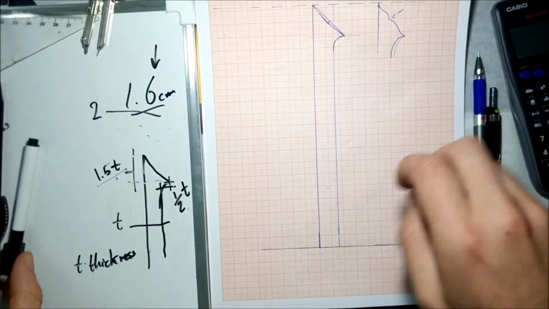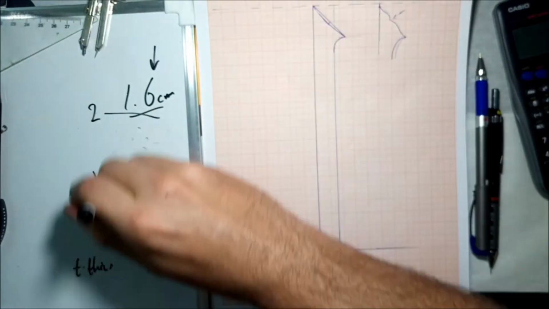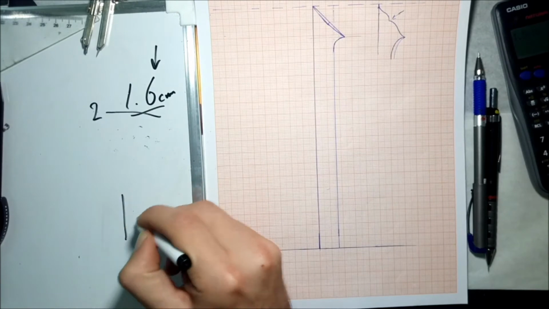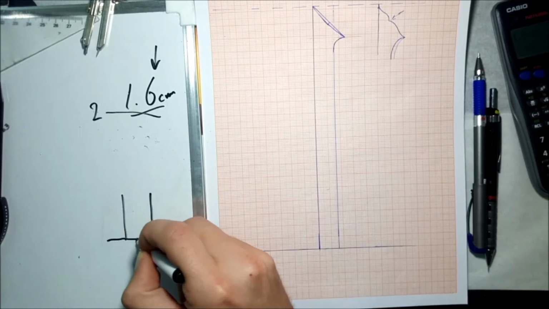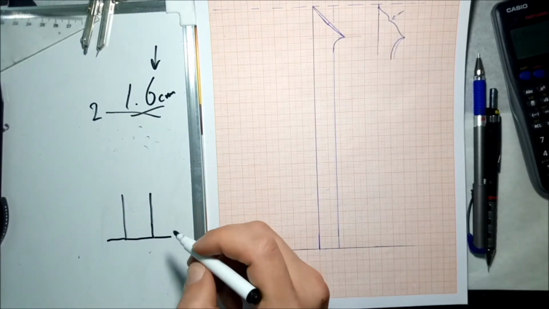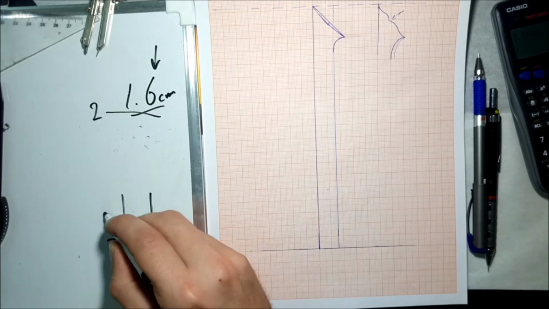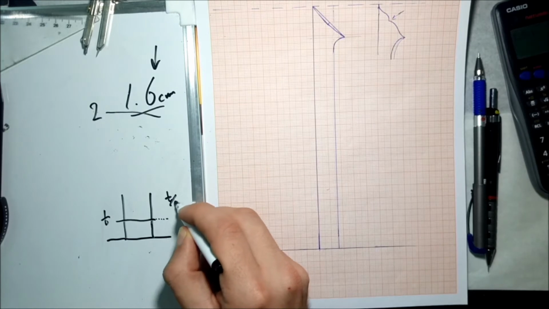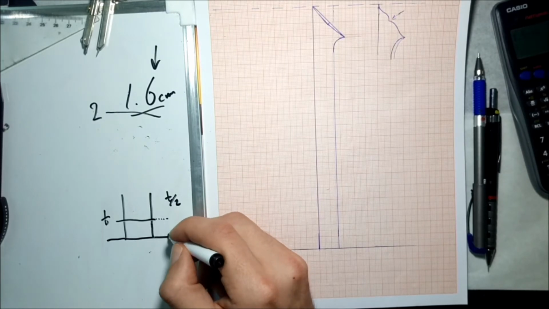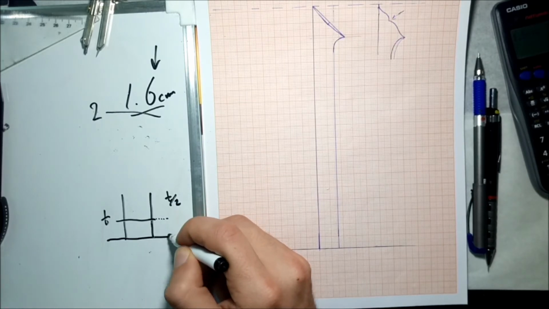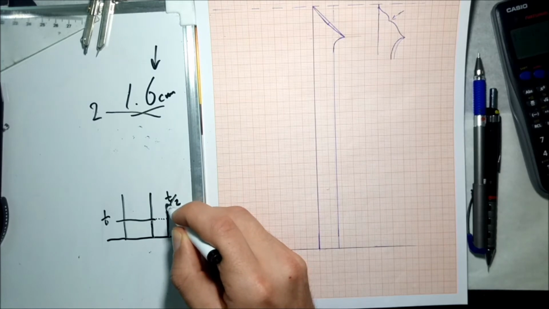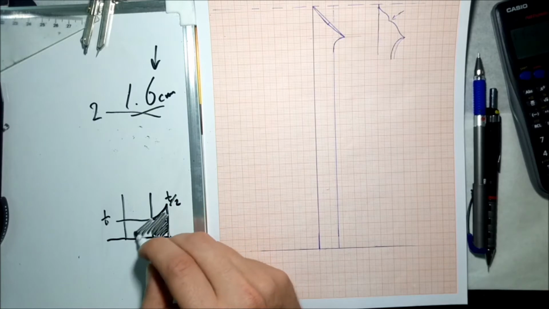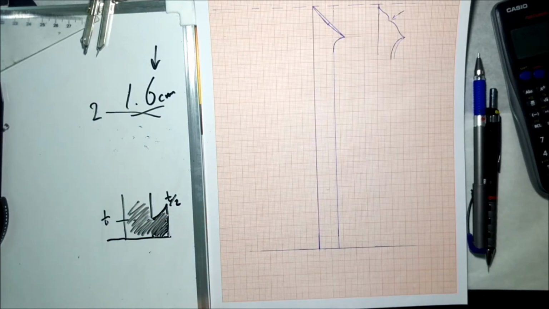So let me show you how it looked like. So this is the lower part of it. This is the baseline. Now this is T, as we mentioned. You move half T over 2, and you draw this decoration. So this would be the small kick in the Alef.